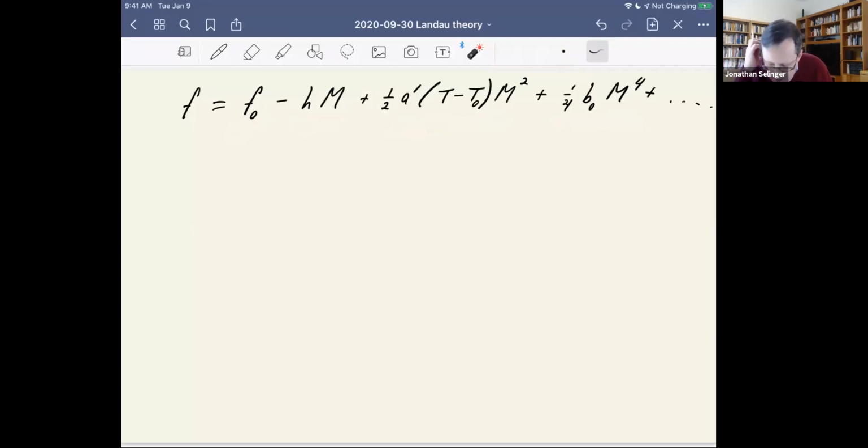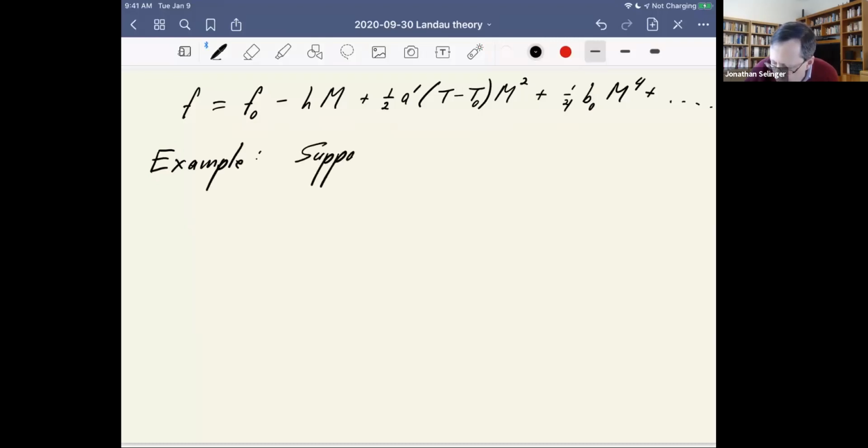Okay, now what can we do with this? Well, suppose, for example, we are in the disordered phase, so suppose t is greater than t0.